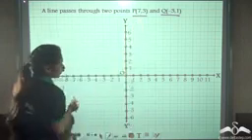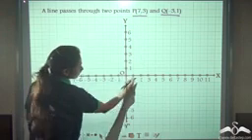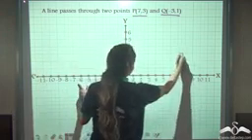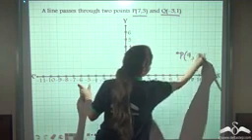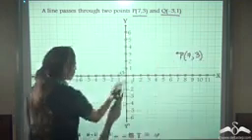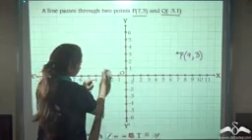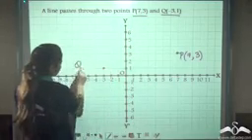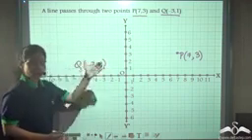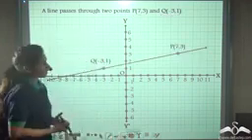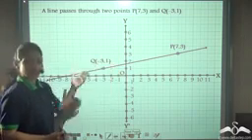P 7, 3, and Q minus 3, 1. Now join these 2 points. See, you get a straight line. So this was very easy.